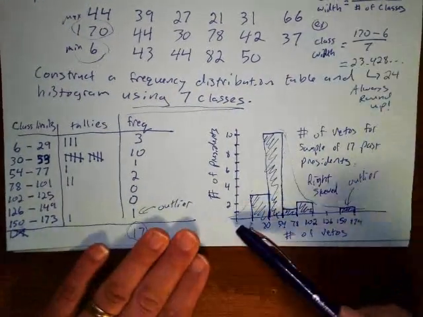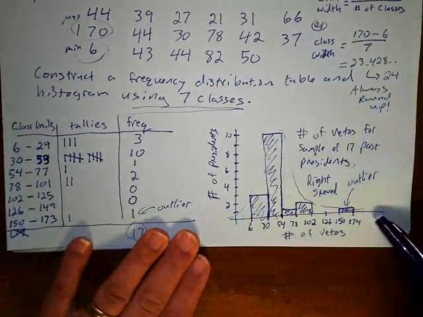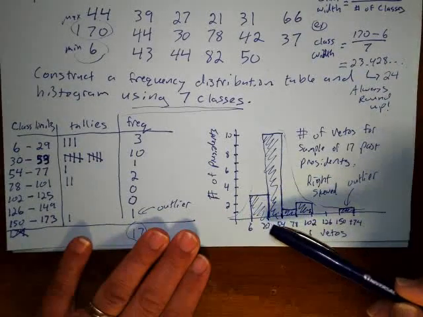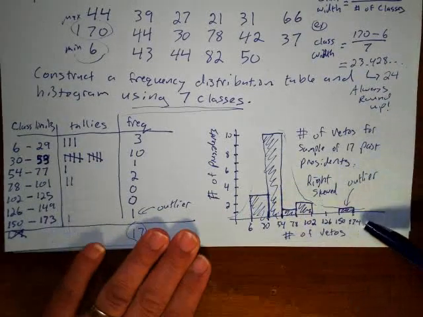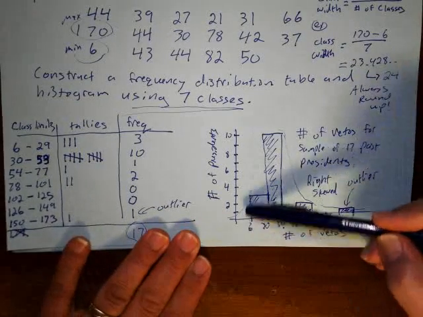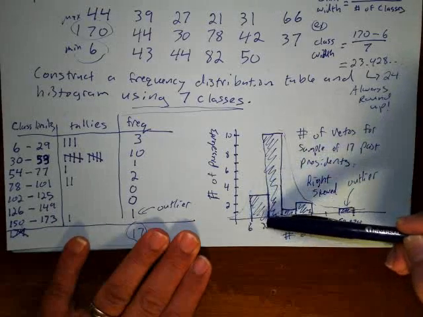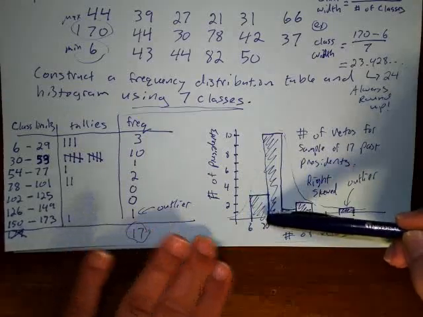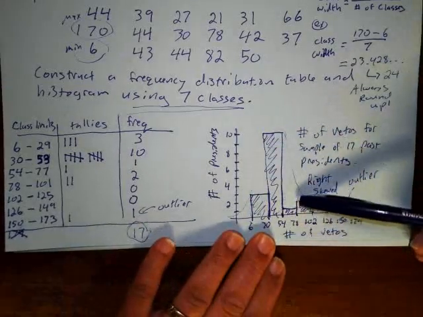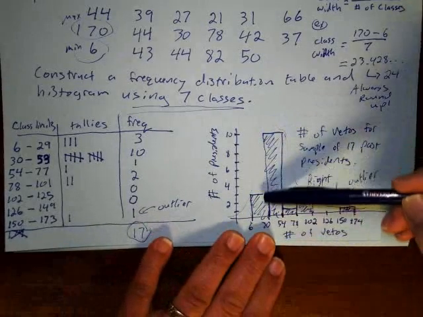And then on your histogram, these are your different classes, and along the bottom you're going to label the lower class limits, and then the height of the bar will go up from the lower class limit up to the next class, and the height of the bar will tell you how much. All the bars are touching. In a sense, they share that boundary.